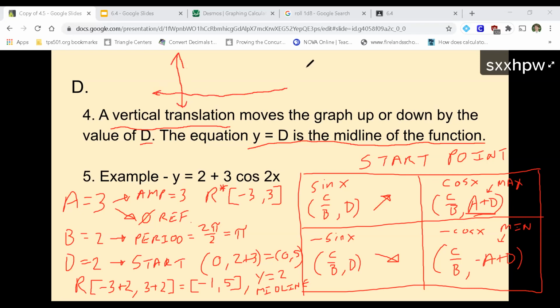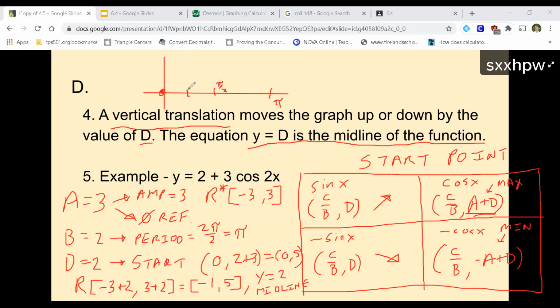Oh gosh, let me try that. I'm going to graph that up here since I ran out of room. All right, so we're going to start at x value of 0 and end at pi. Halfway point then would be pi over 2.